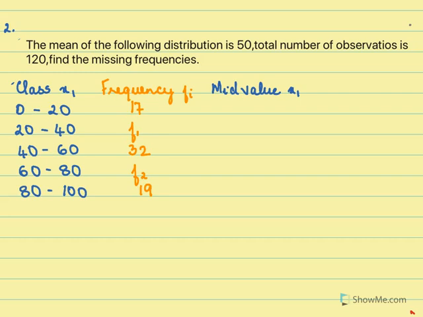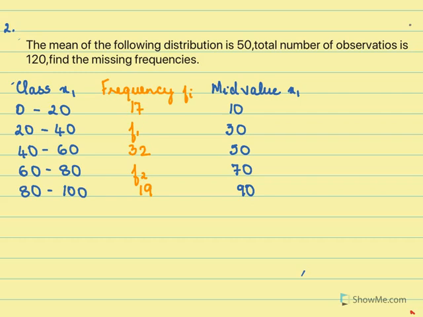So 0 plus 20 divided by 2, and that is 10. 20 plus 40 divided by 2, that is 30. 40 plus 60 divided by 2, 50. 60 plus 80 divided by 2, 70. 80 plus 100 divided by 2, 90.